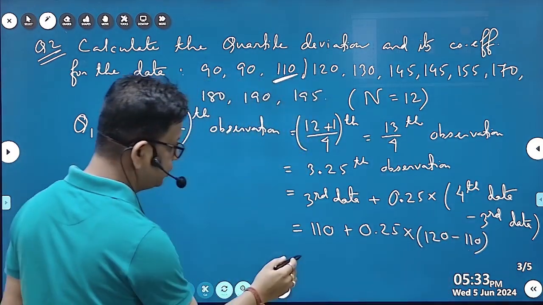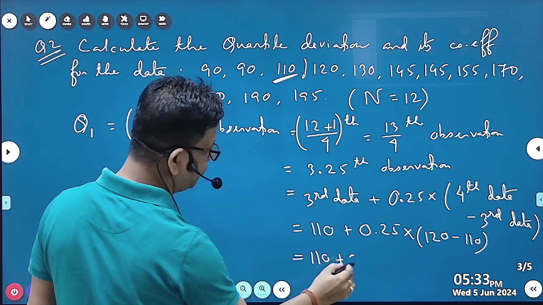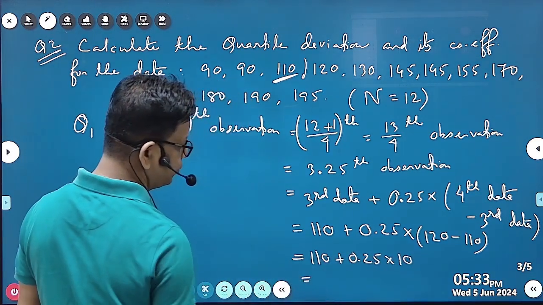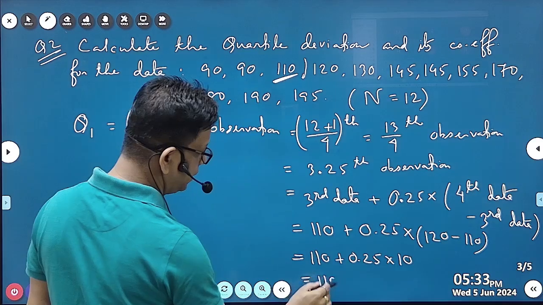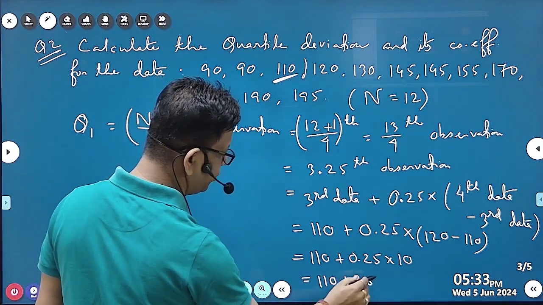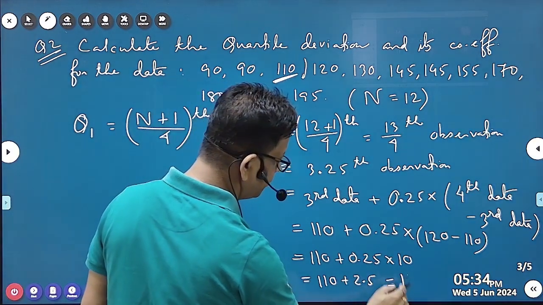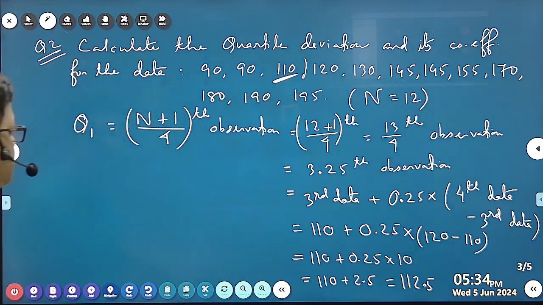So 0.25 multiplied by 10, how much? 2.5. So 110 plus 2.5 will be 112.5. So quartile 1 is ready. Is that clear?